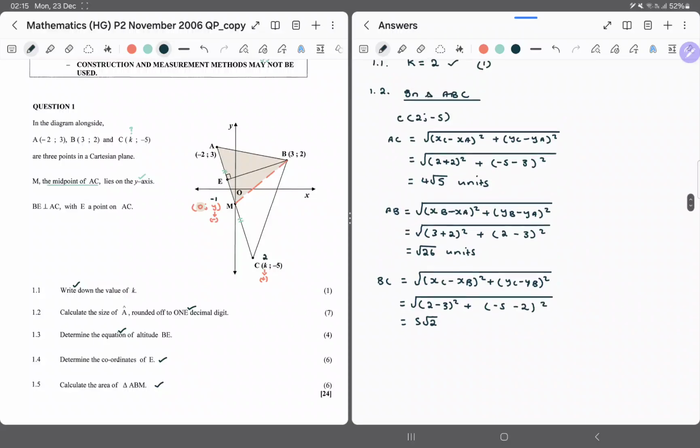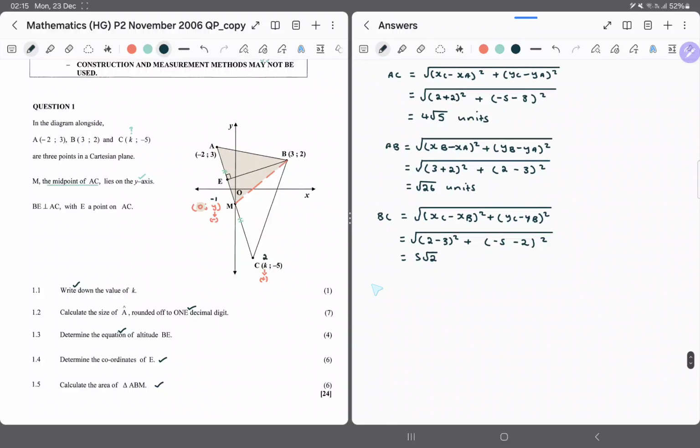So once this is done, we can say then we know that we are looking for this angle. And therefore the side opposite is what takes the square.